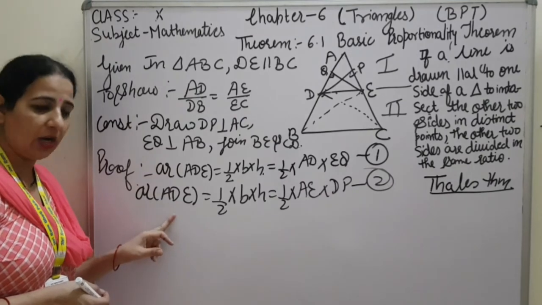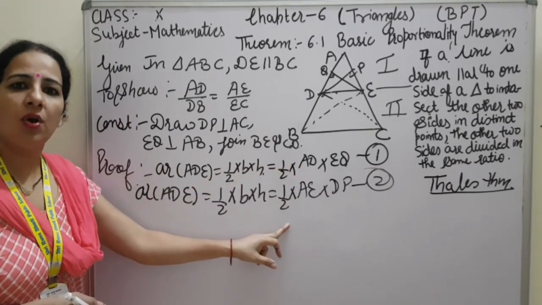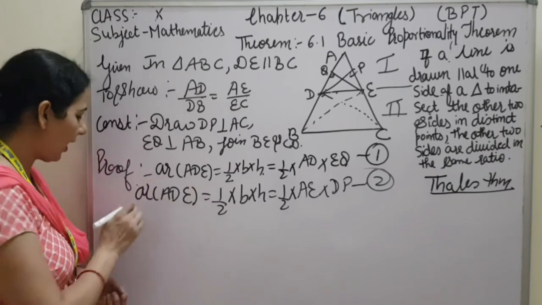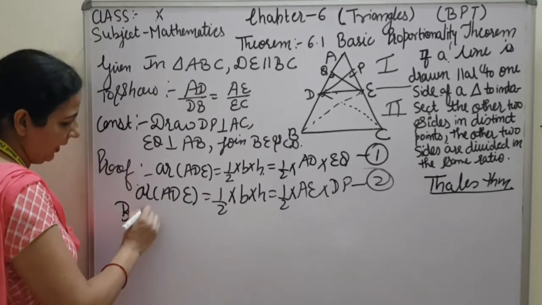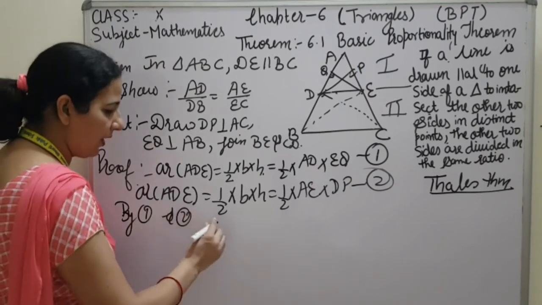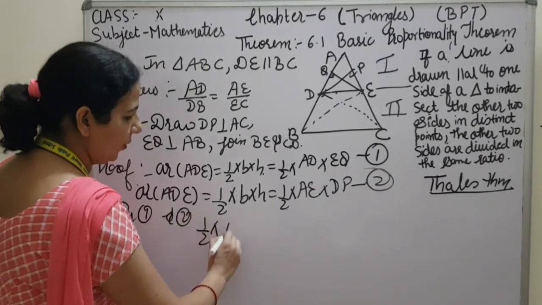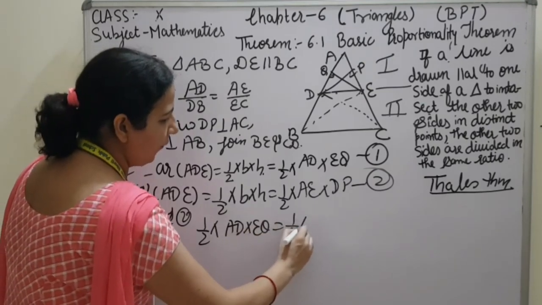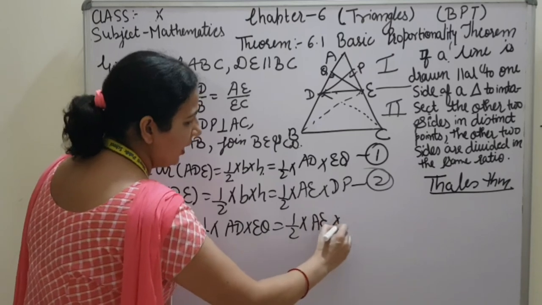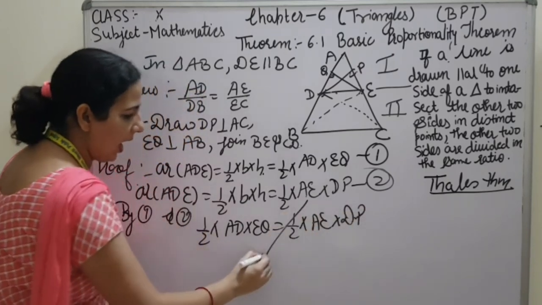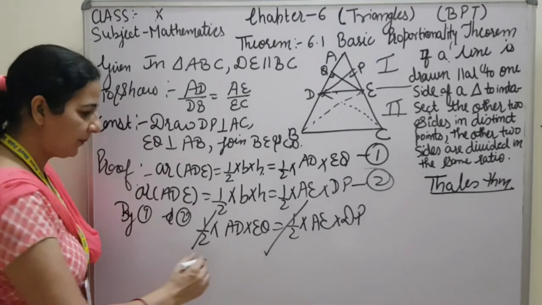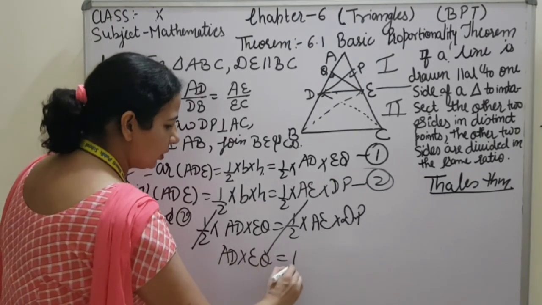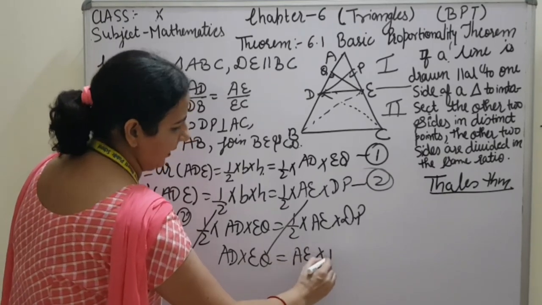If both are equal, then these two sides are also equal. So by 1 and 2, half into AD into EQ is equal to half into AE into DP. Half and half cancel here. We can write AD into EQ is equal to AE into DP.